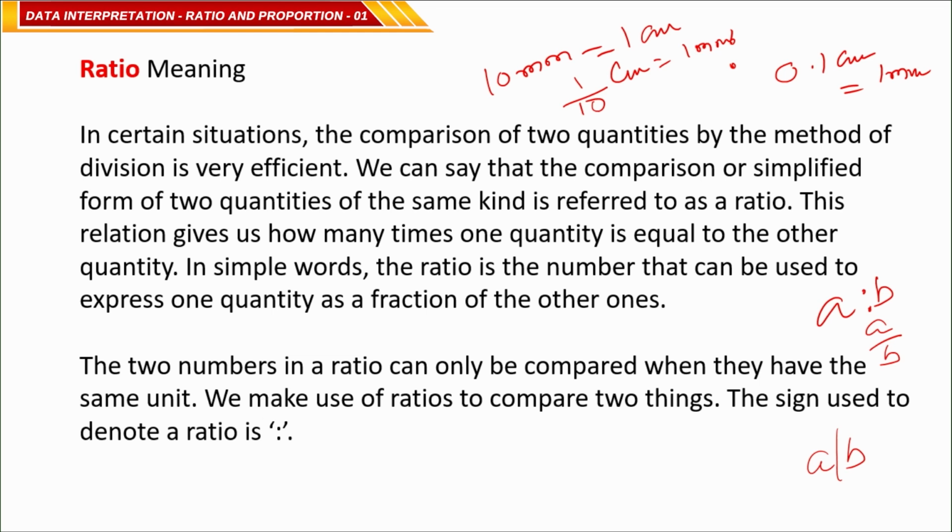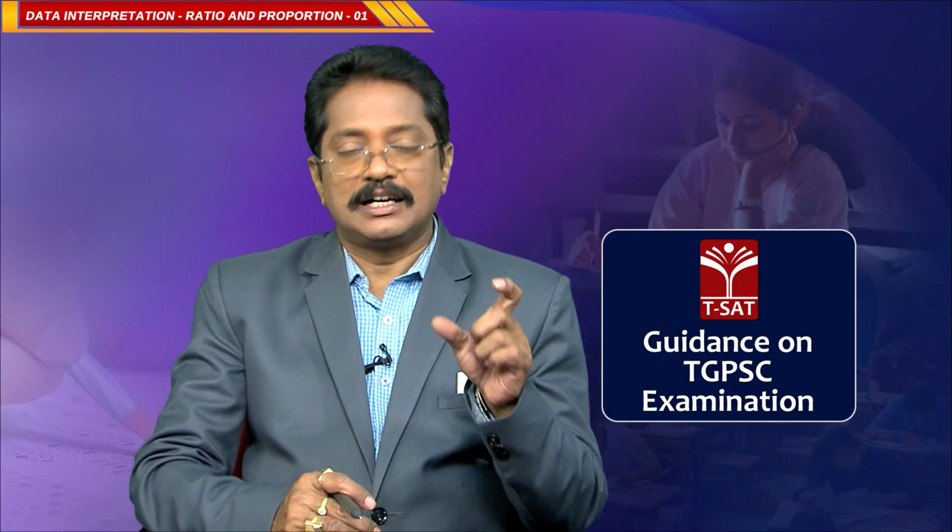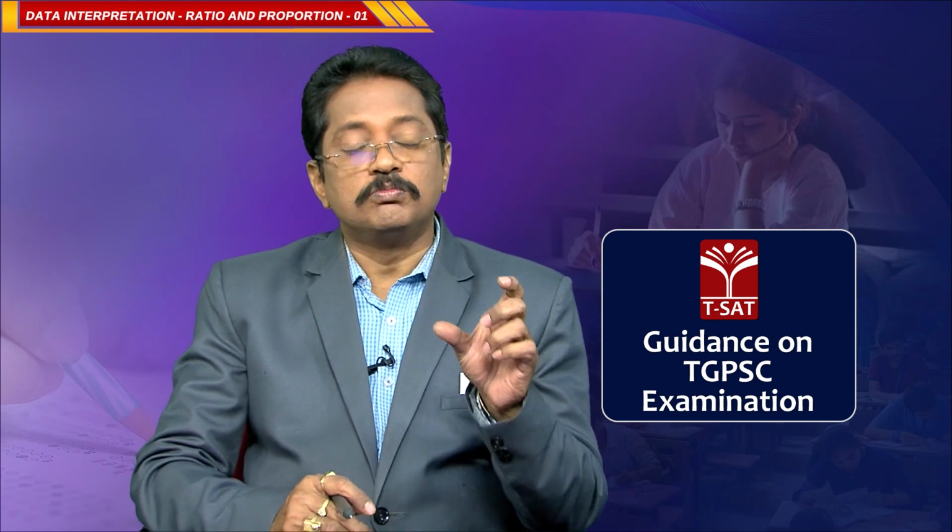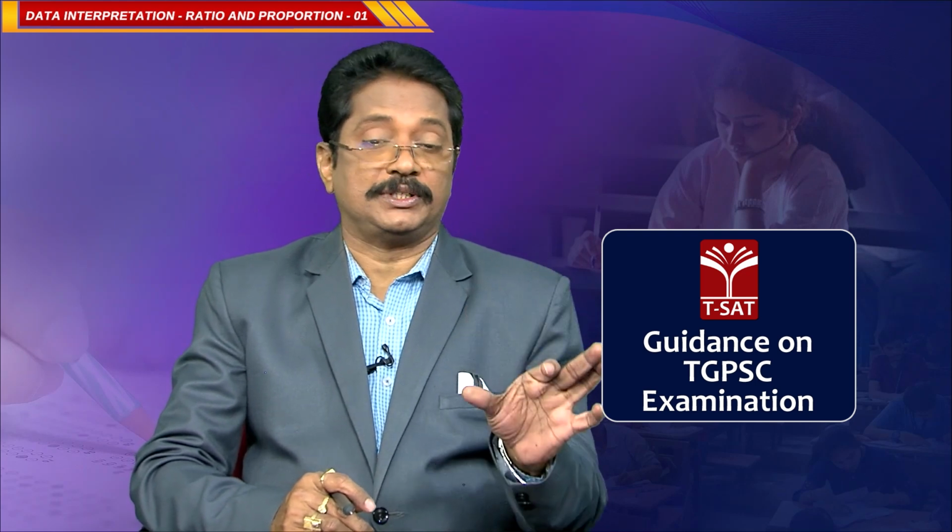The two numbers in a ratio can be compared only when they have the same unit. This is a very important note. When you compare two quantities, the essential thing is both should be in the same unit.